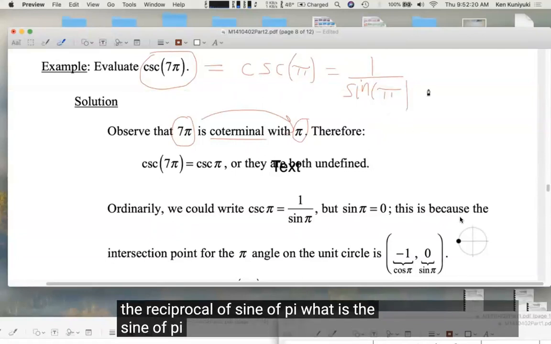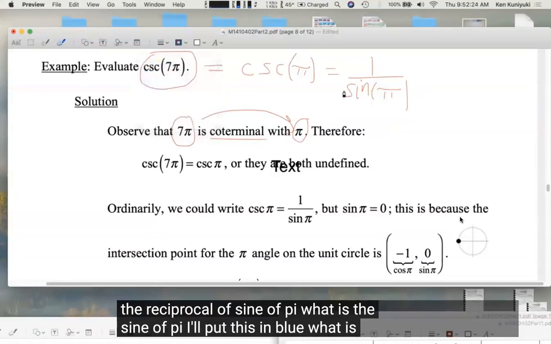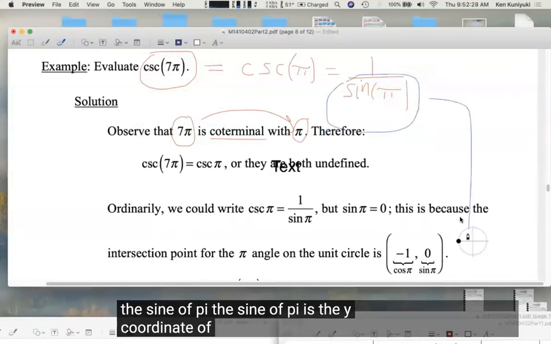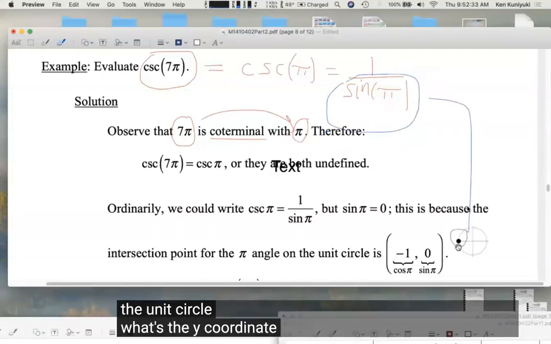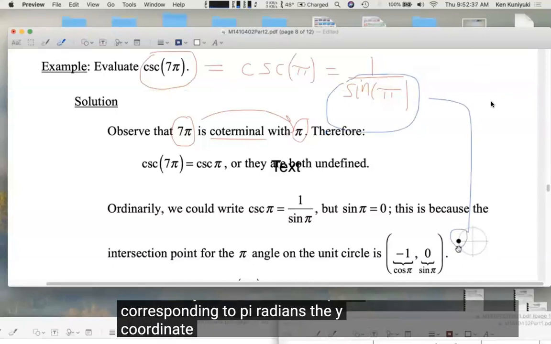What is the sine of pi? I'll put this in blue. What is the sine of pi? The sine of pi is the y-coordinate of this point over here on the unit circle. What's the y-coordinate of this point corresponding to pi radians? The y-coordinate is 0.